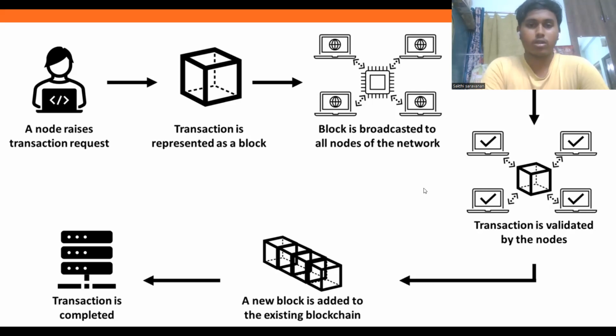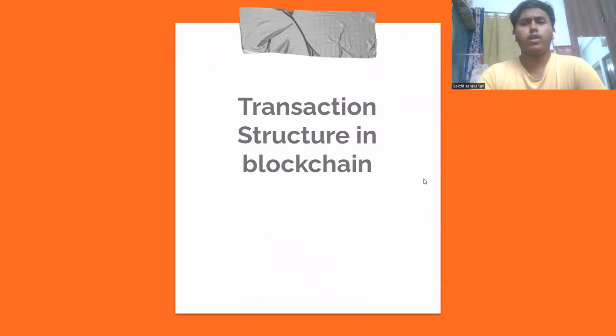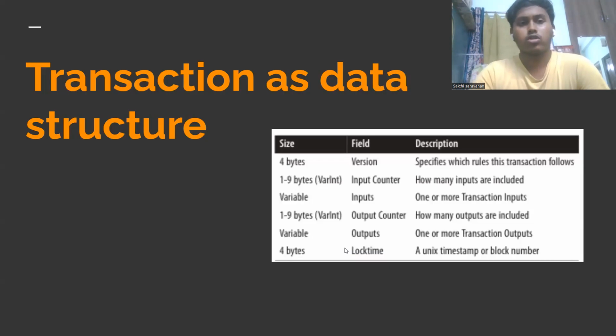The next concept is to talk about this transaction in the context of a data structure. Rather than saying an input or an output, or an entity named Alice, we're going to talk about the variables used in the scripts and how they are actually implemented. This is how a transaction as a data structure is implemented for blockchain.